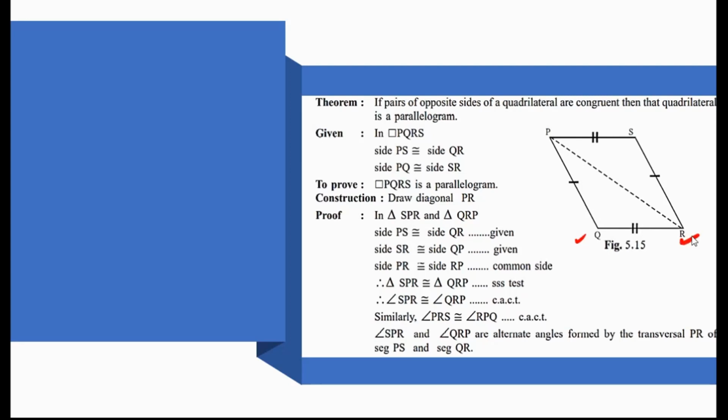So that order should be followed. SP is a short side, so naturally QR you have to get. Then the third one is what is left.